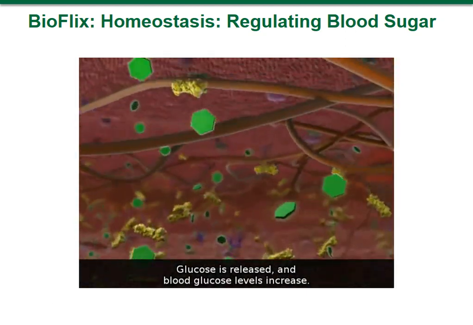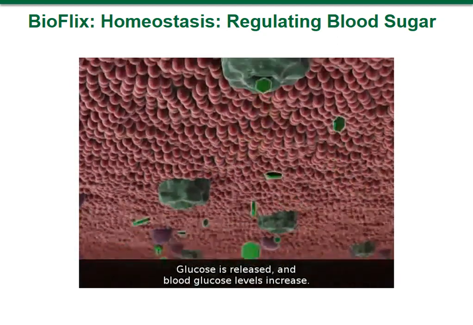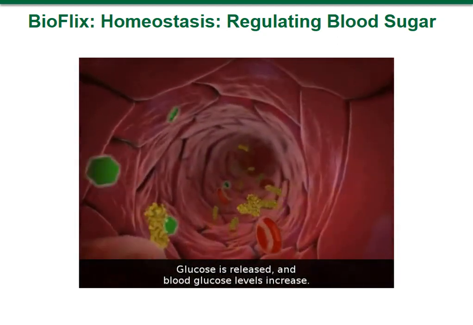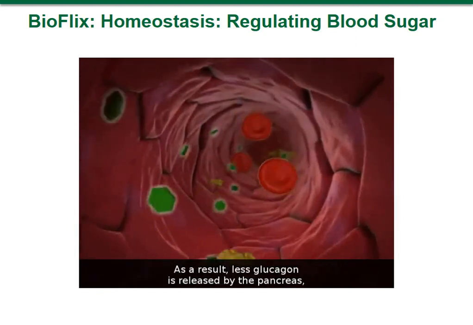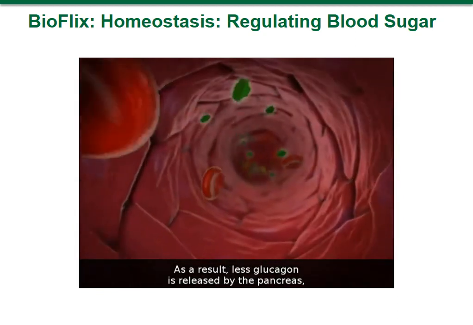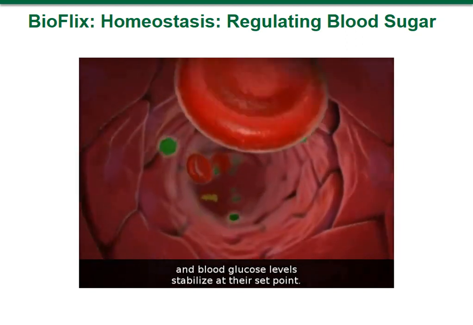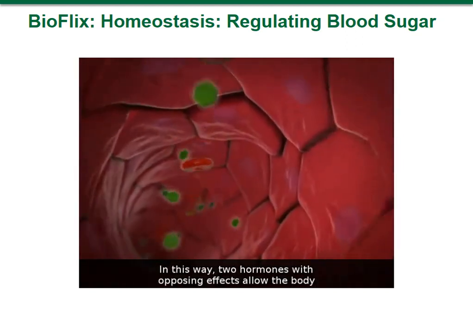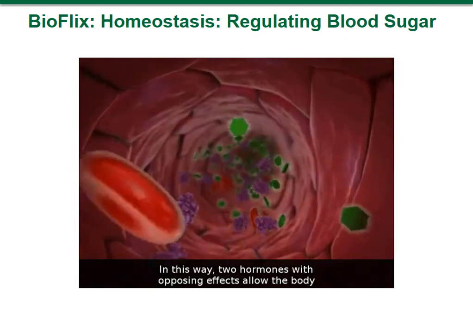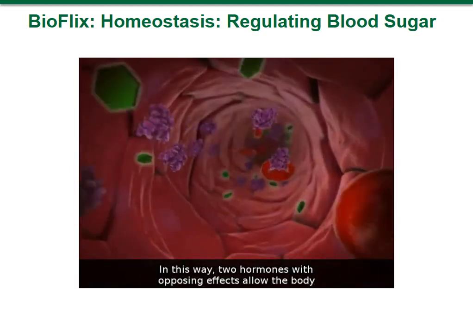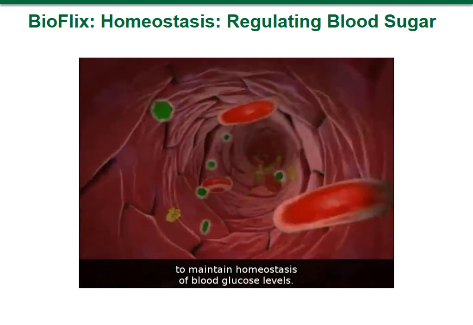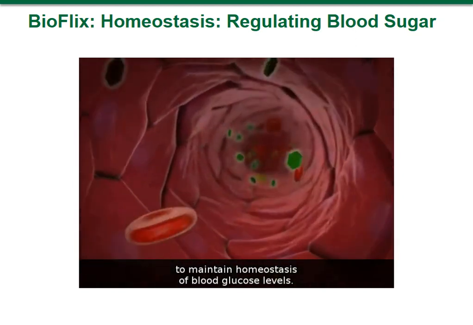Glucose is released, and blood glucose levels increase. As a result, less glucagon is released by the pancreas, and blood glucose levels stabilize at their set point. In this way, two hormones with opposing effects allow the body to maintain homeostasis of blood glucose levels.